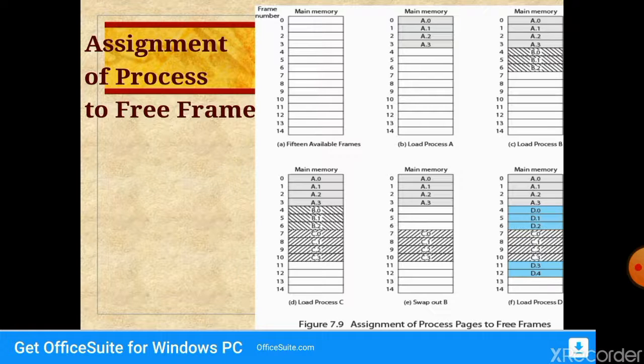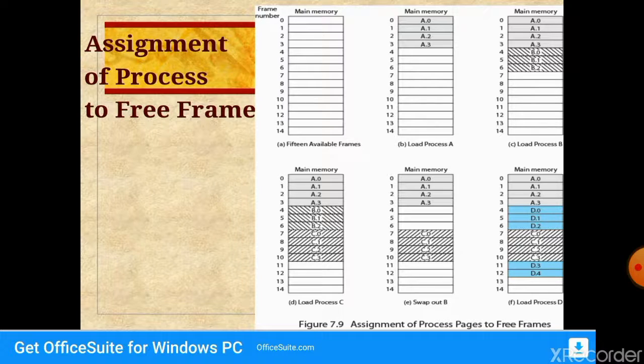Whenever the pages of a particular process do not need to reside in main memory, they can be swapped out so that pages of another process can be loaded into main memory. This is represented in this diagram under sections E and F. In E, process B has been swapped out.